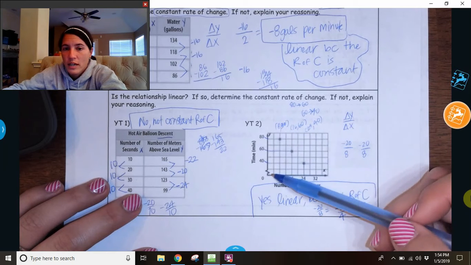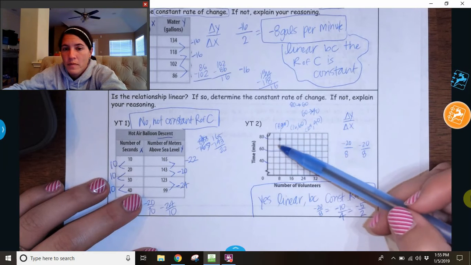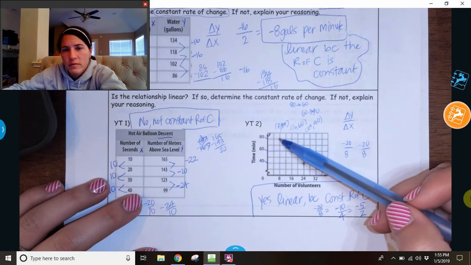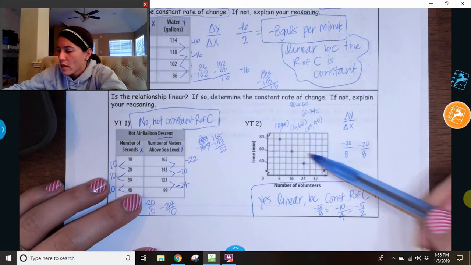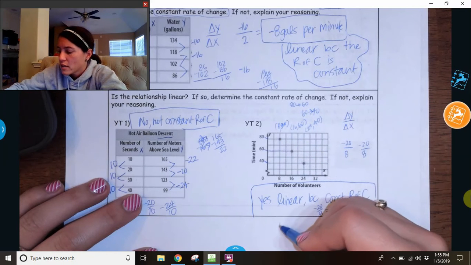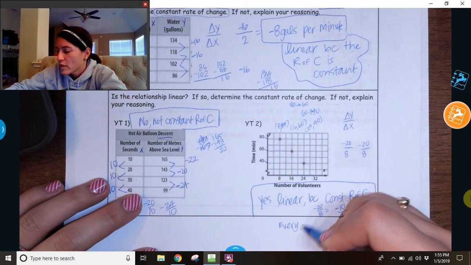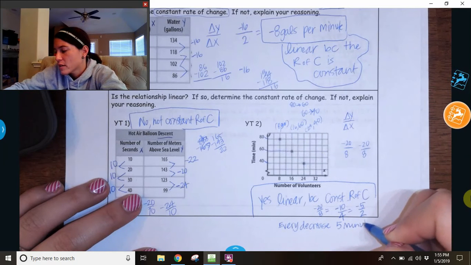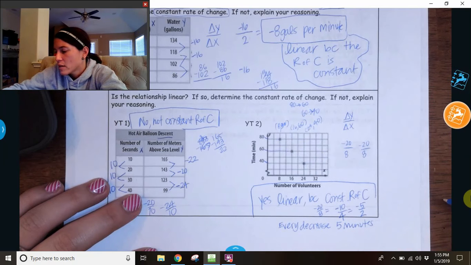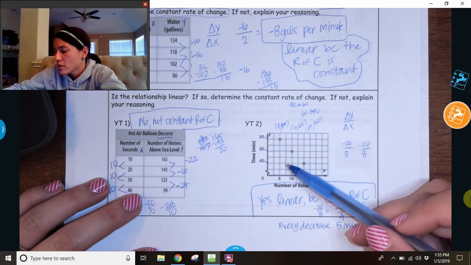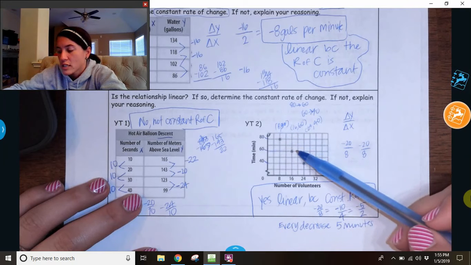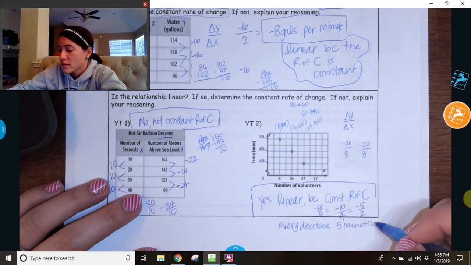Negative 5 is the y's, the number of volunteers, and the x is the time. So as the time decreases, the number of volunteers increases.